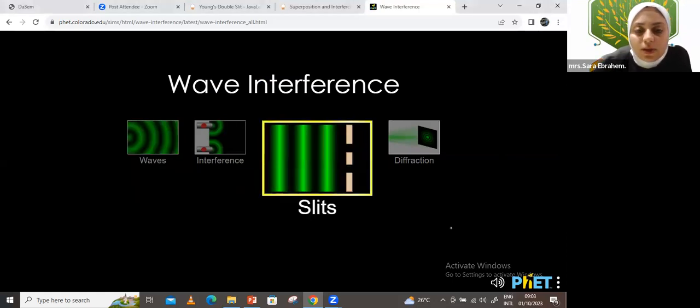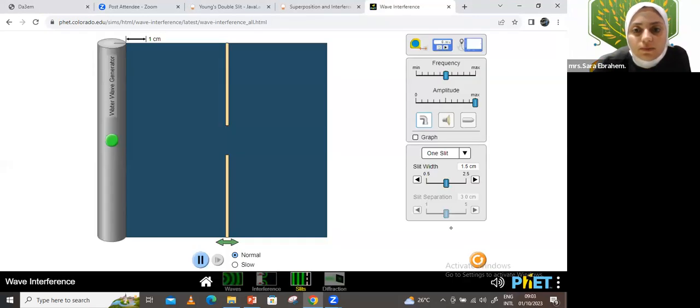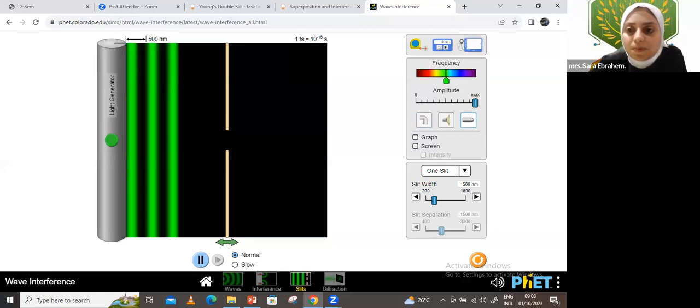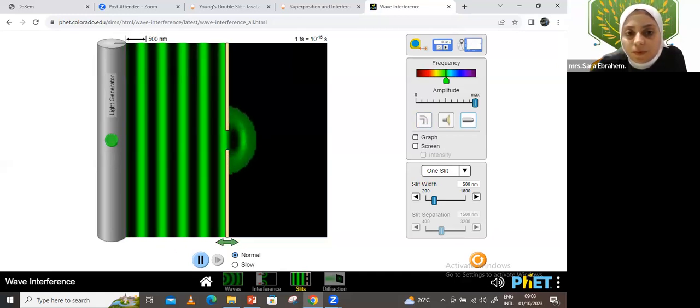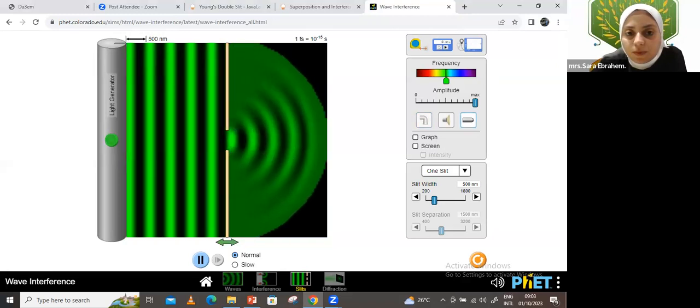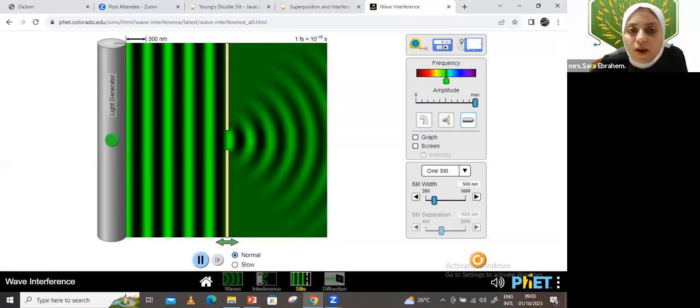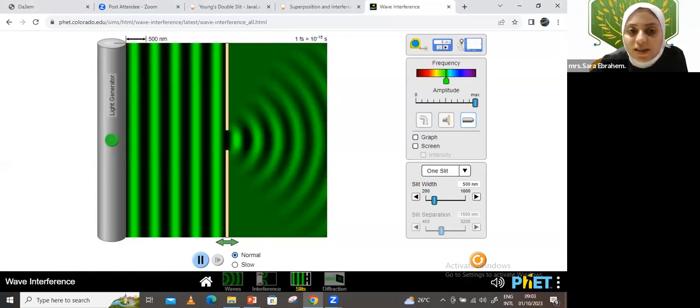But at first, go to the physics lab. What happens if a light ray passes through a slit? That's when a light wave passes through a slit.